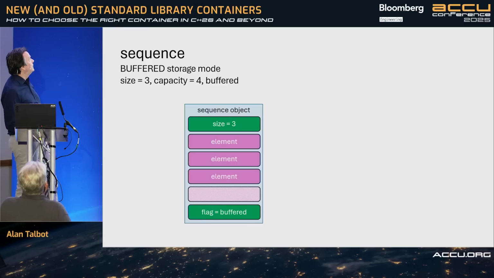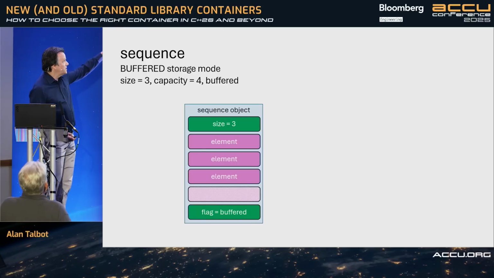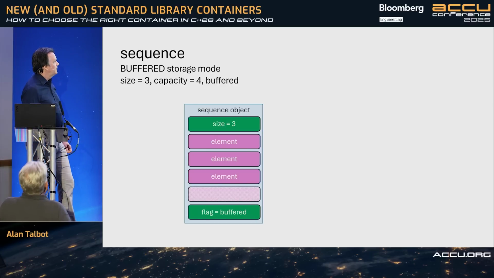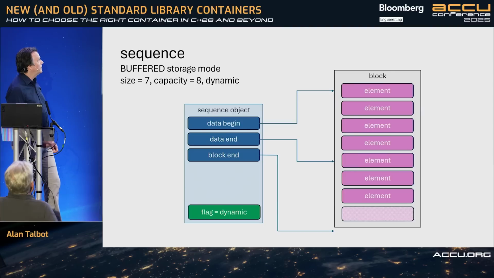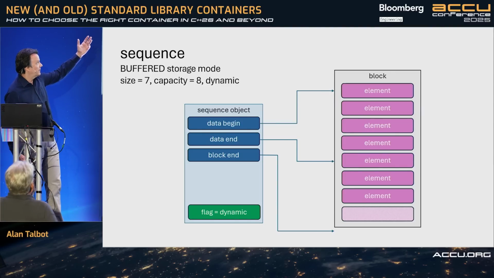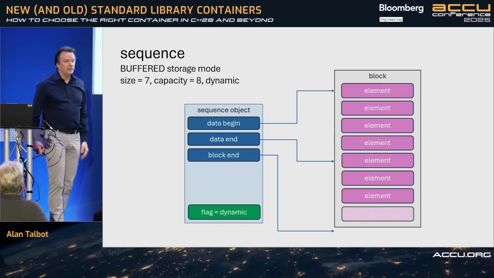And we have buffered. Now, in this case, we're in the buffer, 3 elements with a buffer size of 4. Flagged, we have this extra field to tell it whether it's buffered or not. Or we have a block like vector, pointers like vector, and the flag says dynamic.